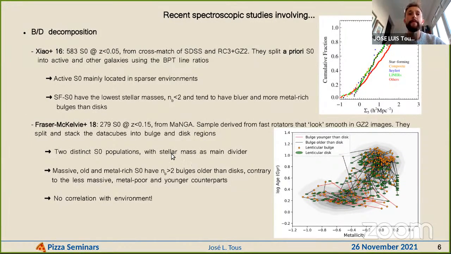They also find that the massive, old, and metal-rich S0s would have classical bulges that would be older than their disks, as it is shown in this figure, whereas the less massive would behave the other way around. However, they don't find any correlation with environment, and note that they are not using the full spatial resolution of MaNGA, as they are grouping bulges and disks.